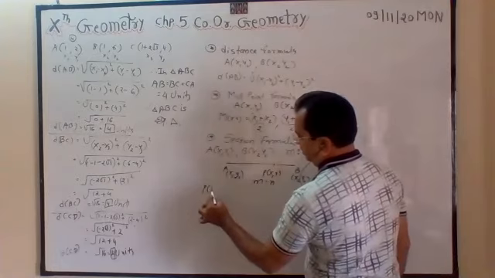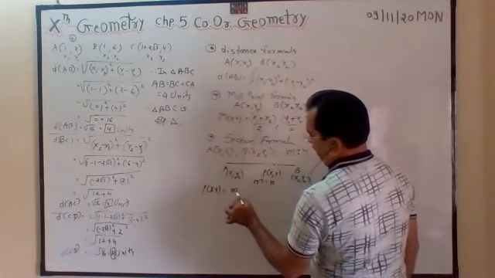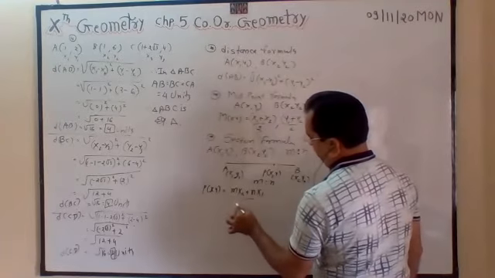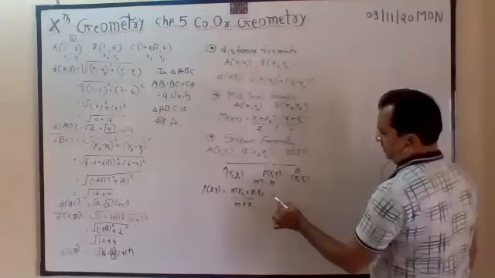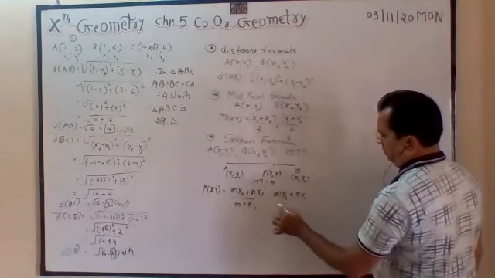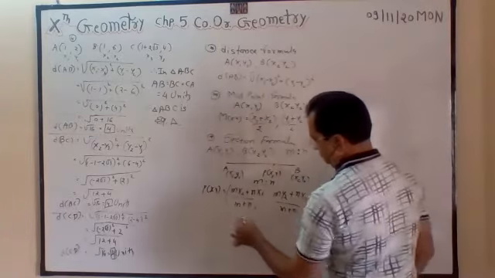At that time, P xy is equal to mx2 plus nx1 divided by m plus n. Same for y: my2 plus ny1 divided by m plus n.